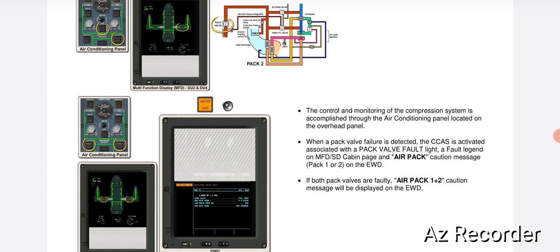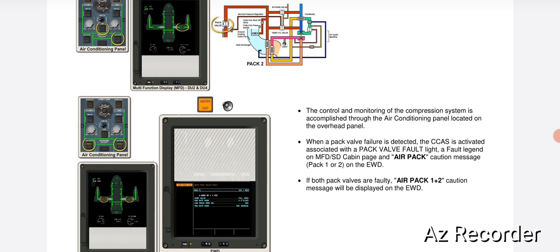To increase the flow, push the flow button. This acts on the high pressure differential solenoid and the pressure to the pack valve is regulated at 30 psi. To increase the pressure, we have to press the flow button on the air conditioning panel.